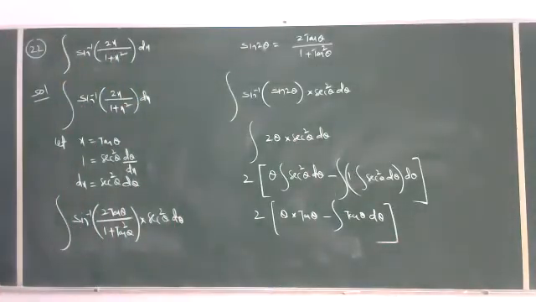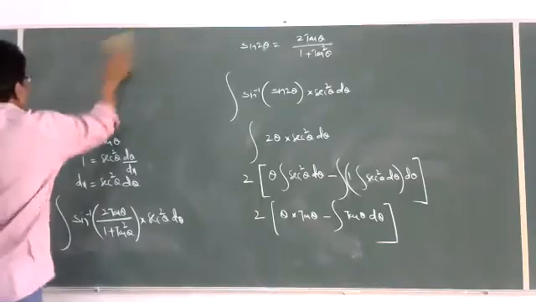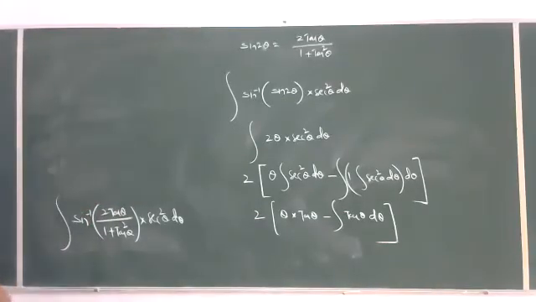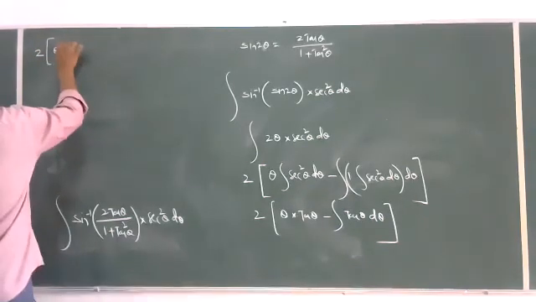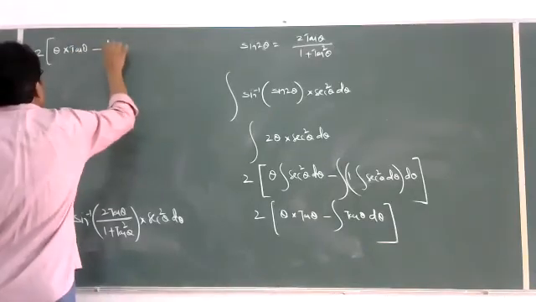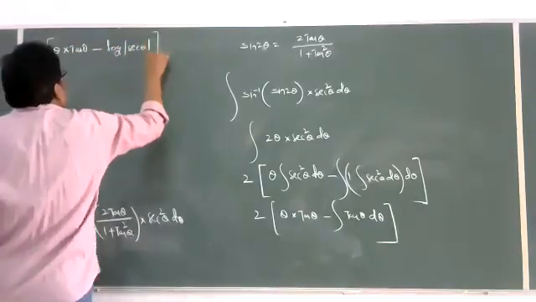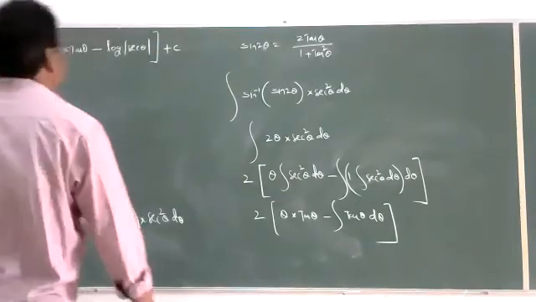Then substitute again. So what is the integration of tan theta? Two into theta into tan theta minus the integration of tan theta, which is log mod secant theta, plus c.